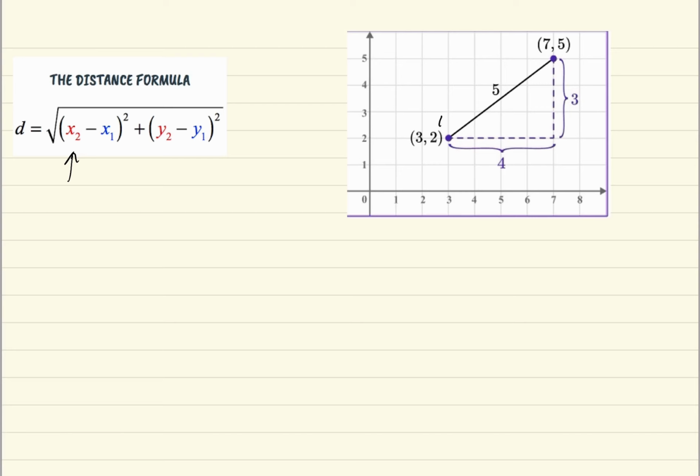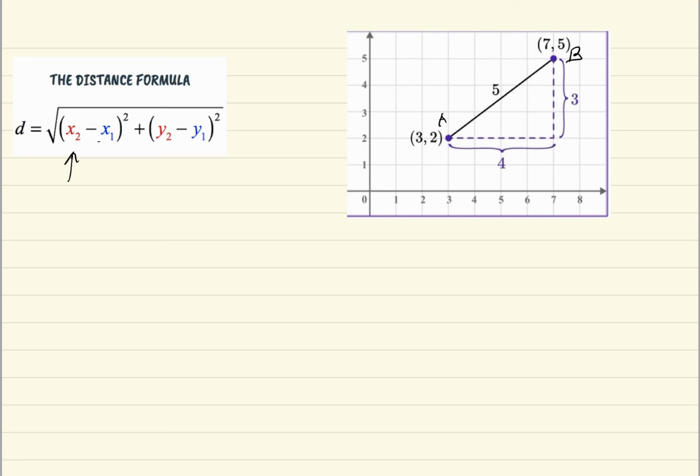Let's say we call this point A and this point B. We'll write it out after, I just want to explain what it means. So you find the difference of the x coordinates, you square it, and then you find the difference of the y coordinates of each endpoint, and you square it.